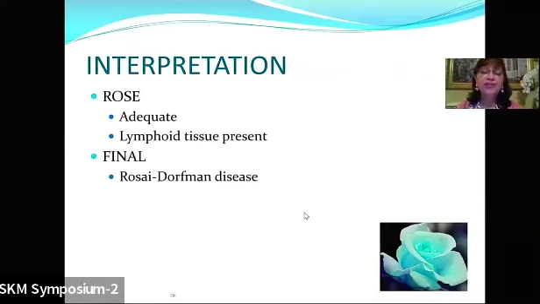And we made sure to show our hematopathologist, who also gave his blessing. And so it saved this young patient from having an incisional biopsy or excision of a lymph node. So we were able to come up with a diagnosis on fine needle aspiration.